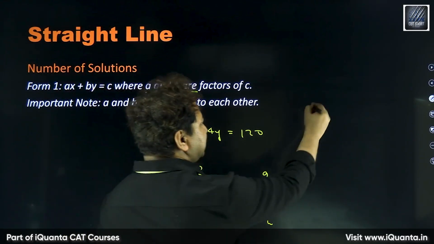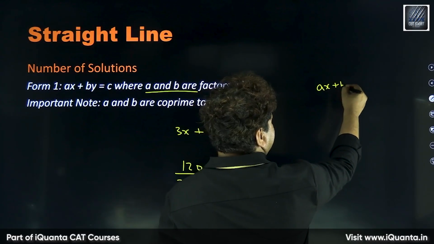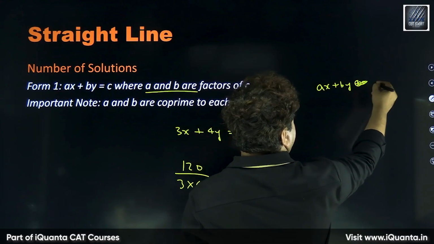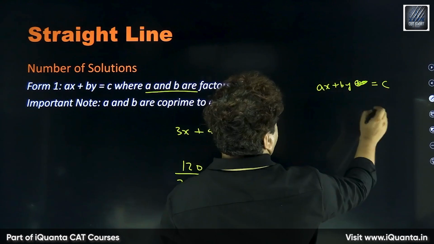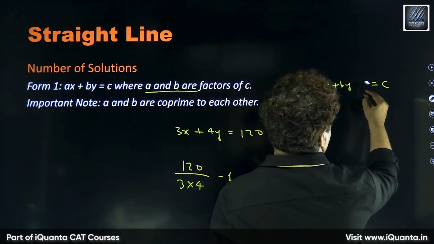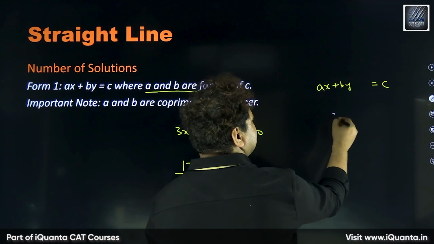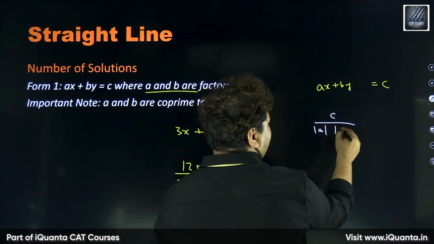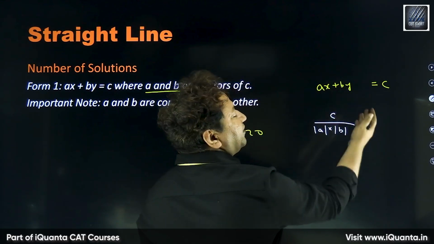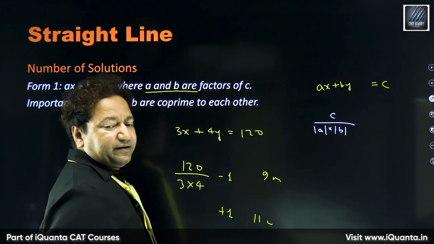Okay, so to generalize it, AX plus BY is equal to C. If both A and B are factors of C and A and B are co-prime, the number of natural solutions will be C upon mod of A into mod of B. I put mod because it can be minus BY as well. Doesn't really matter, but that will come later.